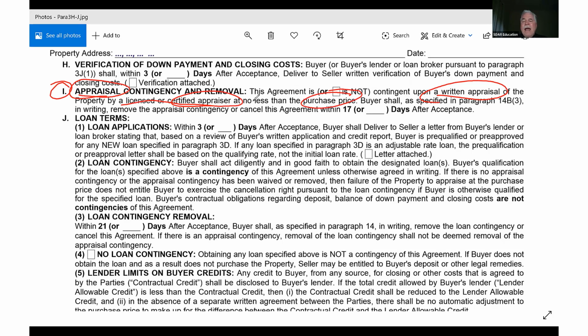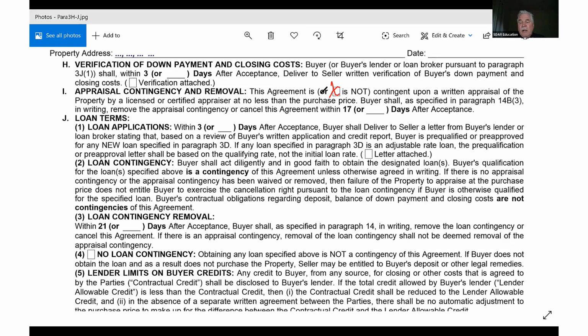Now, I can tell you, if the buyer wants to say, I don't want it to be contingent on the appraisal, then you need to have a confirming letter to them, subject to your broker's approval, that says you are acting against our advice.